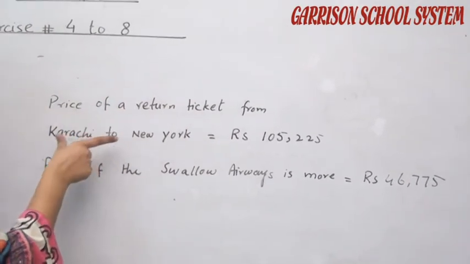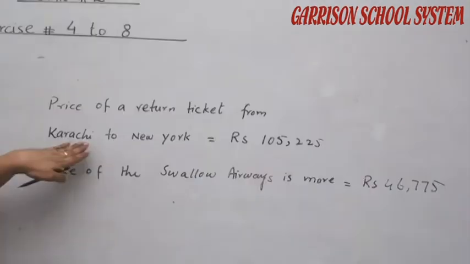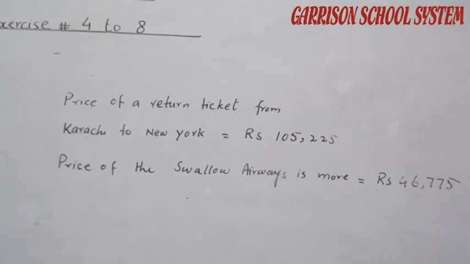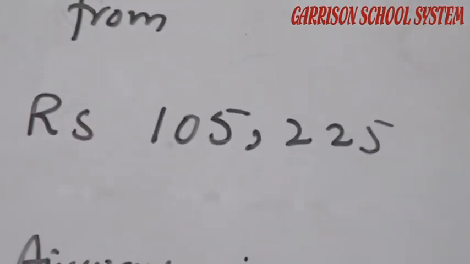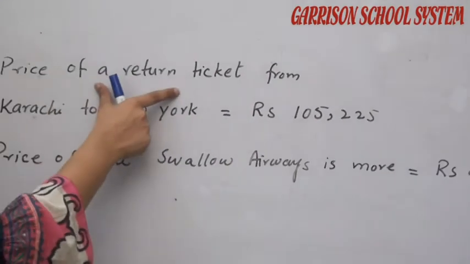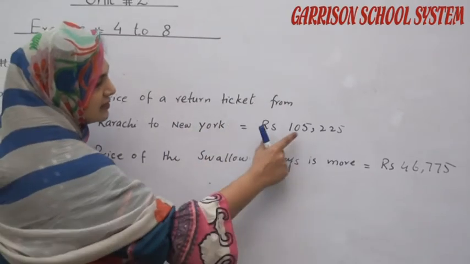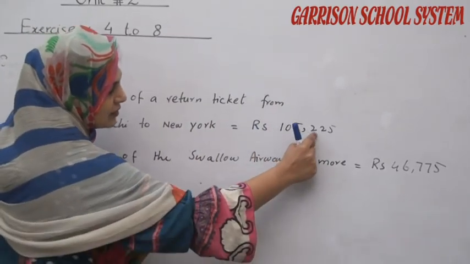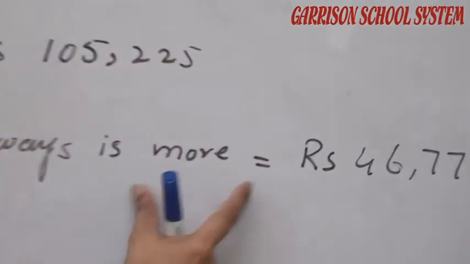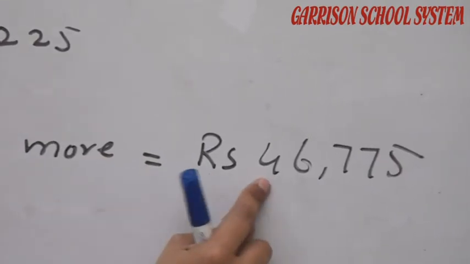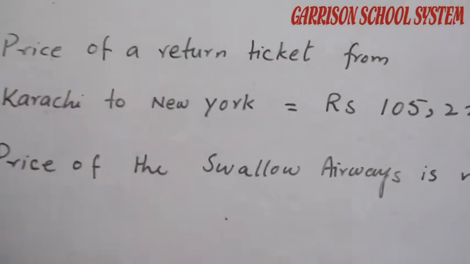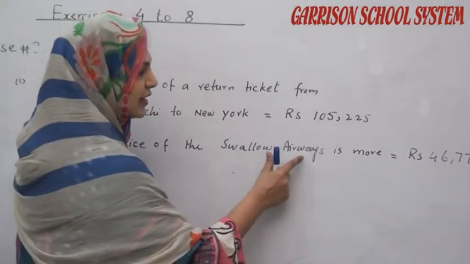The price of the ticket from Karachi to New York by the Flyaway Airlines. This is the price of Flyaway Airlines. Flyaway Airlines price of ticket is 105,225. But the Swallow Airways ticket is more than this. How many more? 46,775. And then what will be the price of Swallow Airways ticket?